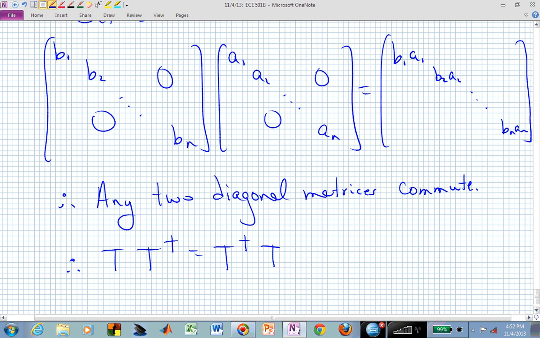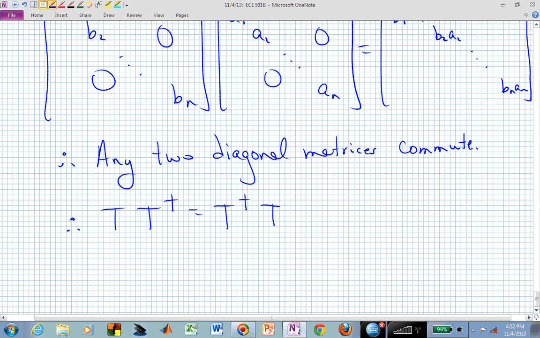which says that T T dagger is equal to T dagger T, which says then that we have reached the end that we wanted. We wanted to show that if we started with this set of orthonormal eigenvectors, the operator T was indeed normal, and now we've shown that.